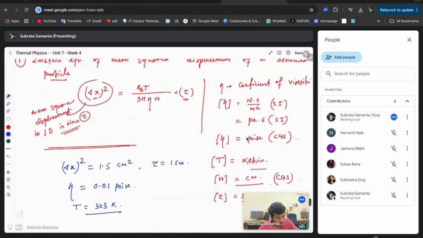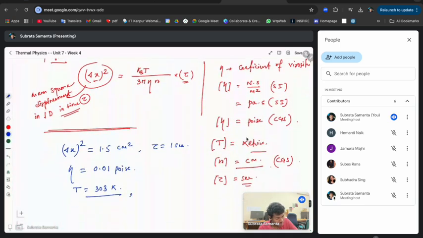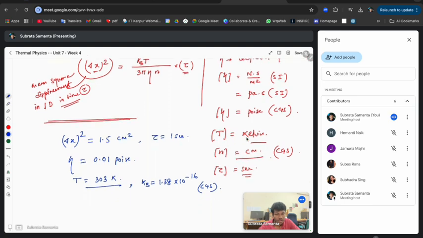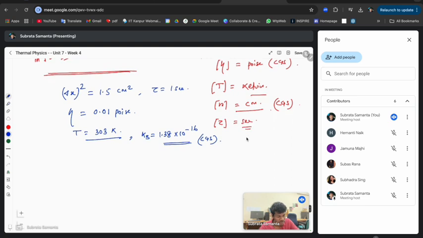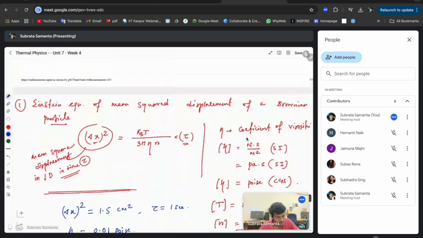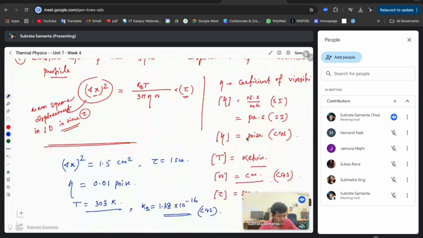And Kb is the Boltzmann constant, 1.38 times 10 to the power minus 16 in CGS unit. In SI units it is 10 to the power minus 23 joule per Kelvin, but in CGS unit it is 10 to the power minus 16, so I'll use the CGS unit. And we know the value of pi, it's 3.14.